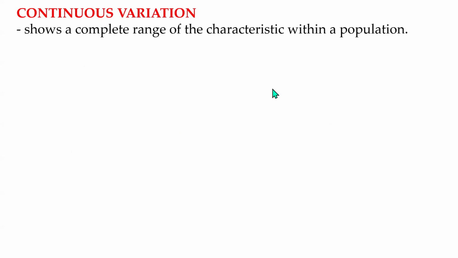Continuous variation shows a complete range of the characteristics within a population. So it usually comes in the form of a range. It's intermediate, it means that there is an intermediate.